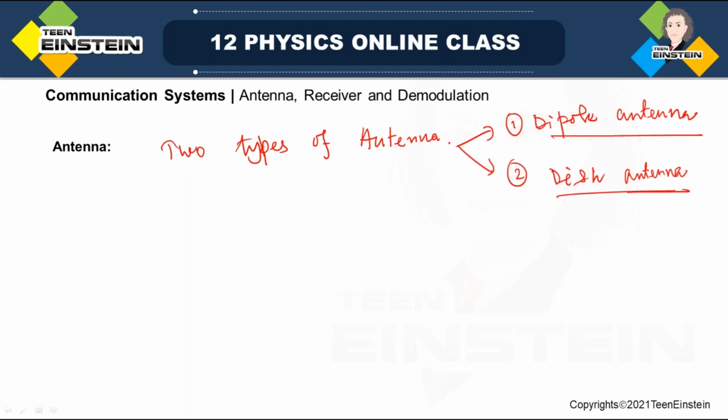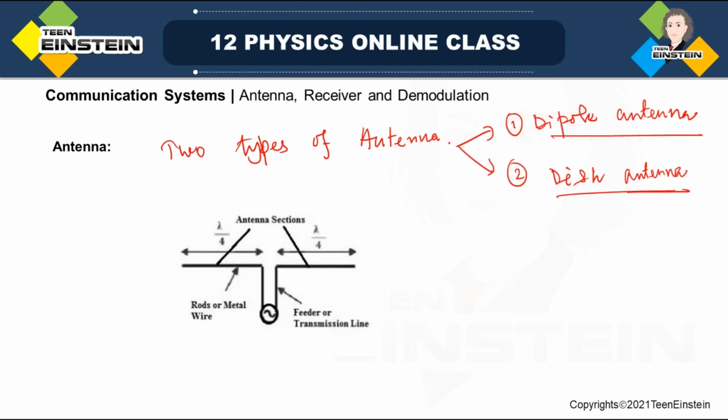See, dipole antenna. The word dipole means there are two poles. You can look here. A dipole antenna has two conducting wires, this and this. It is just a piece with two parts of conductors.